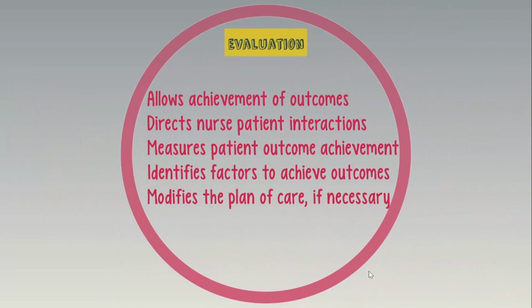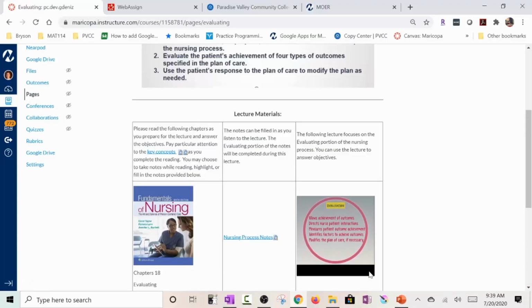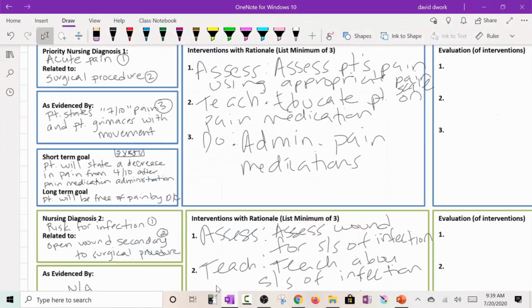All right. So let's look back really quick. I want to go back to our little template here. So the implementation step in a nutshell is just implementing all of these things that we've written out for Mrs. Tompkins. So you went ahead and you wrote out that she has acute pain, and that we want her goal to be that she will state a decrease in pain from 4 out of 10 after pain medication administration.